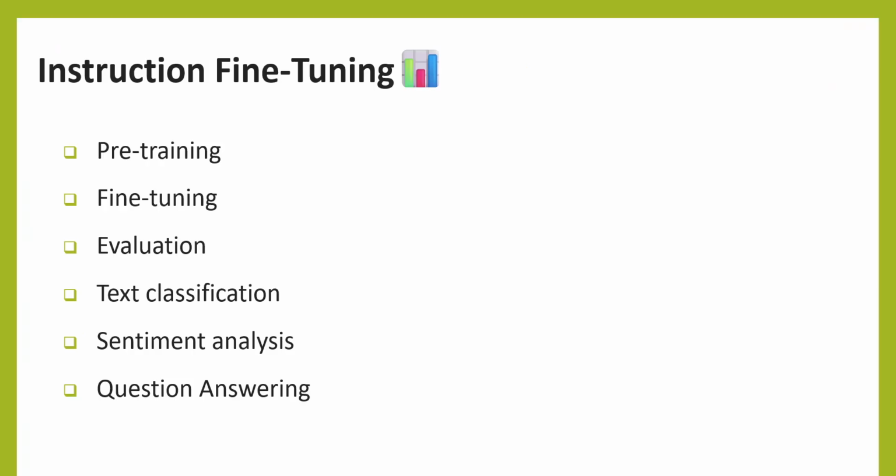The process involves pre-training, which means training a large language model on a vast amount of text data, fine-tuning the pre-trained model on a smaller data set of instructions and corresponding responses, and finally evaluating the fine-tuned model on the test set to measure its performance. Instruction fine-tuning is useful for tasks such as classifying text into categories based on instructions, analyzing the sentiment of text based on instructions, and finally answering questions based on instructions.